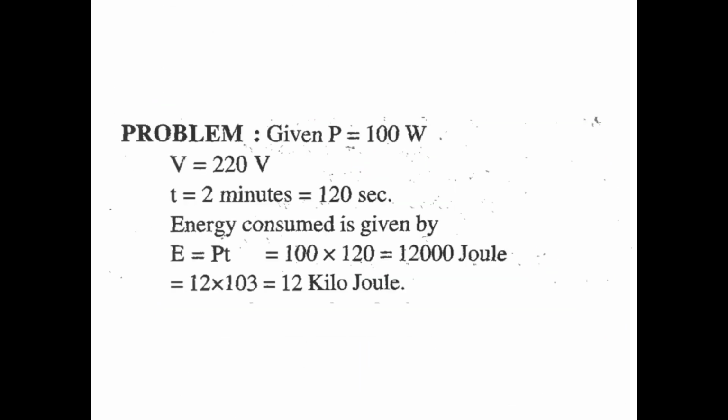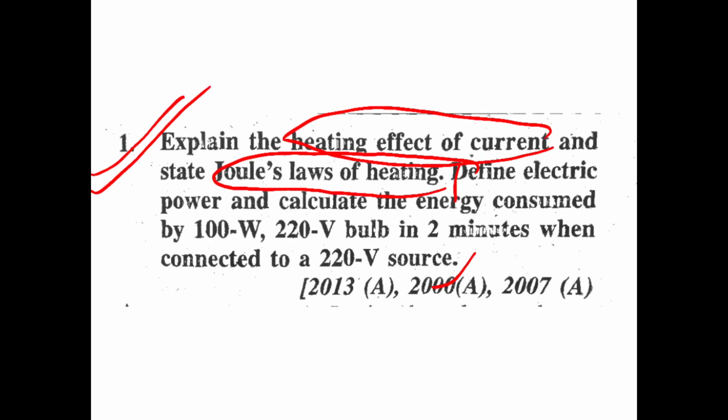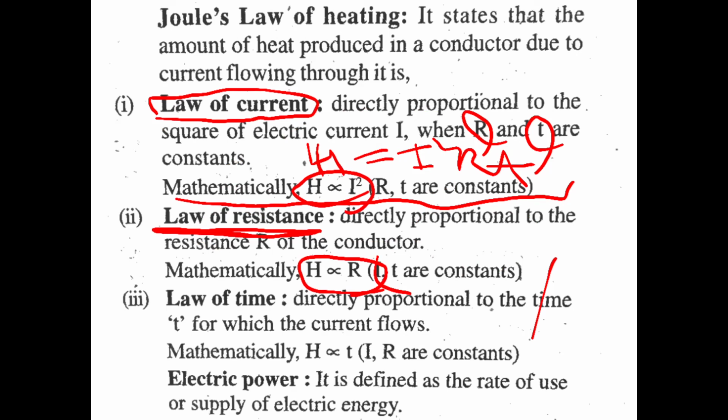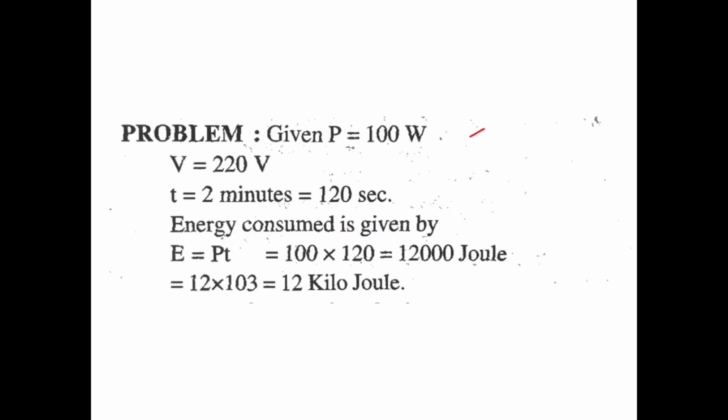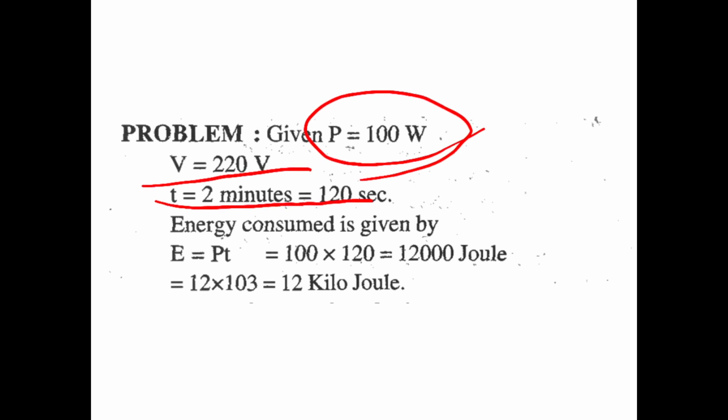Now let's solve the problem. The problem given is a 100 watt, 220 volt bulb used for 2 minutes. Here the power P is 100 watt, potential V is 220 volt, and time is 2 minutes, that is 120 seconds.